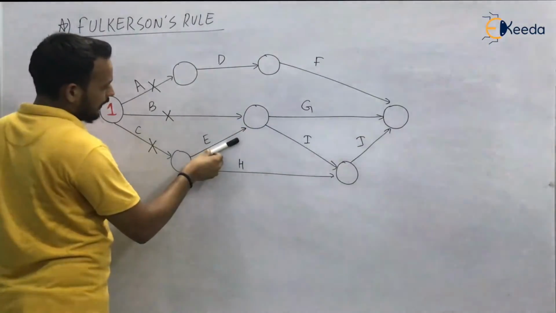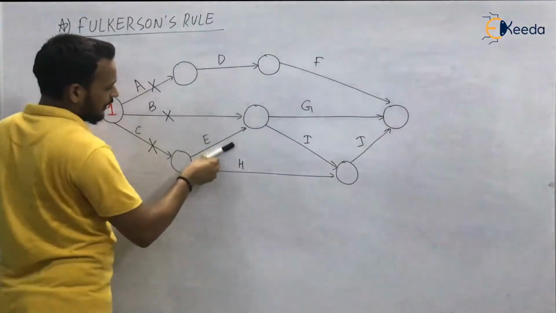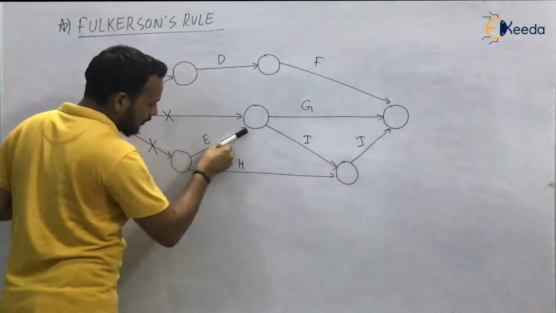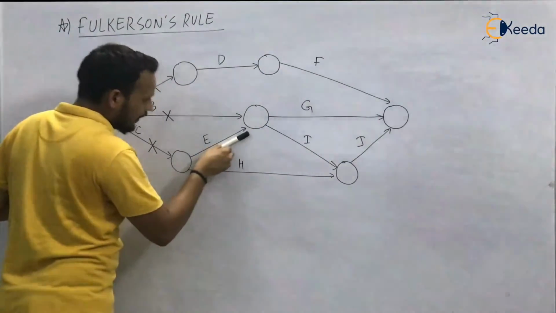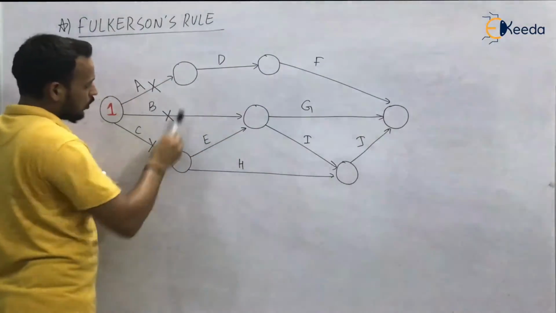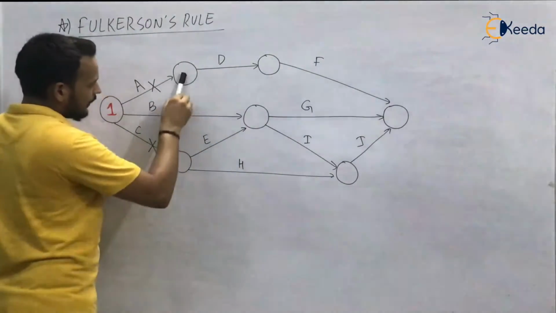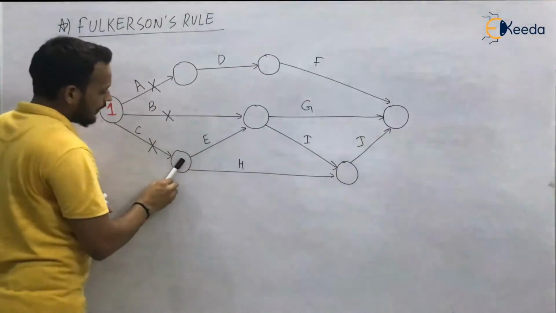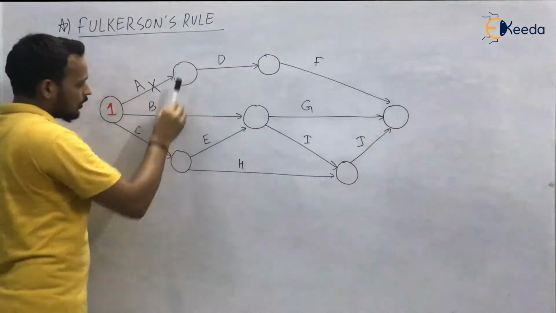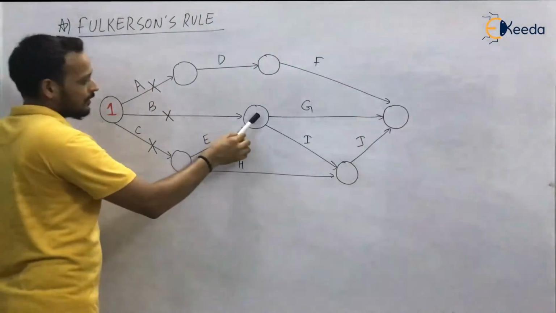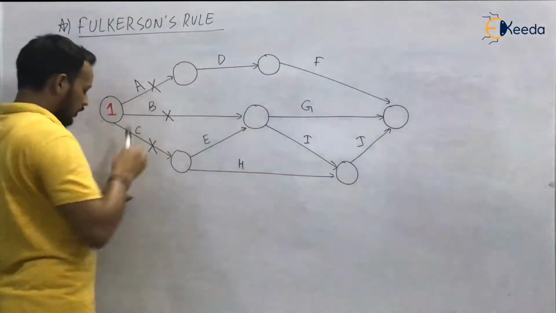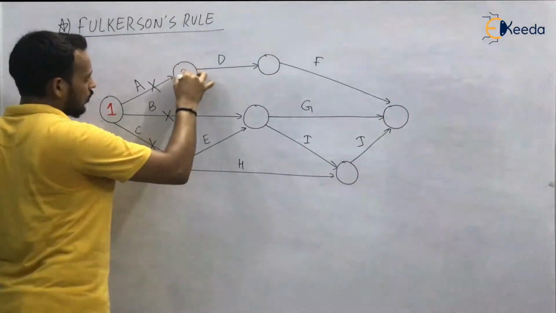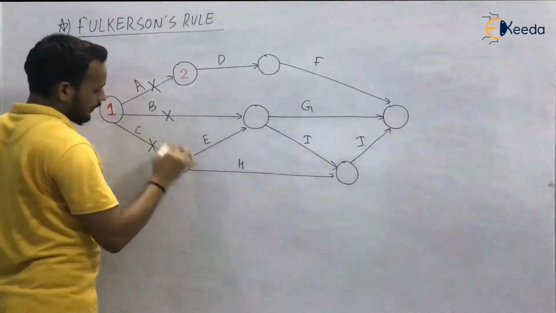You can see that activity E is going to this node, so this node has an incoming activity, activity E, but this node and this node do not have any incoming activities. It means these two nodes can be named first before this node. So name this one 2 and name this one 3.